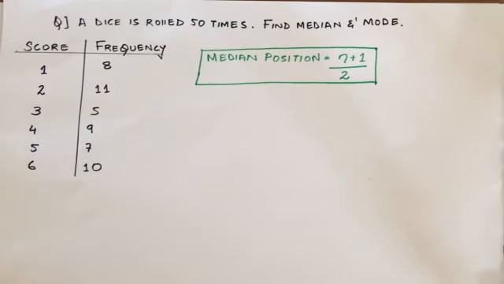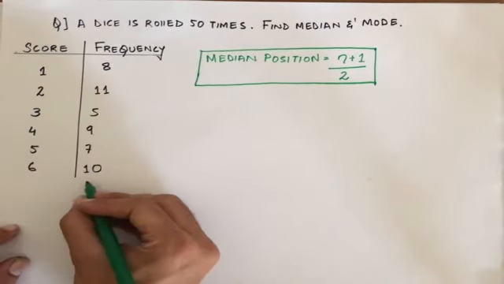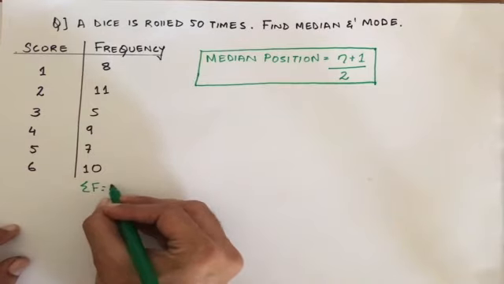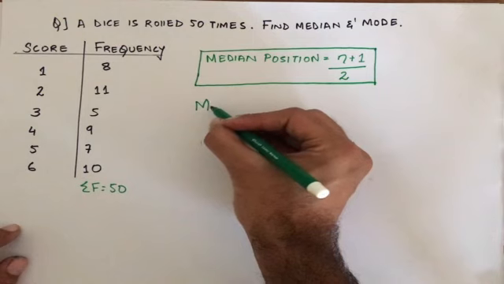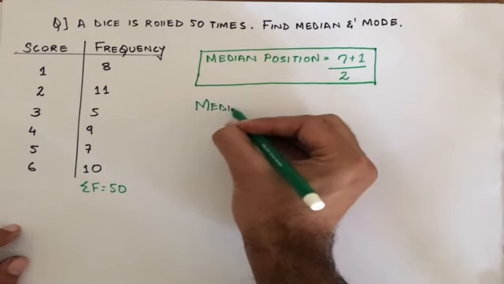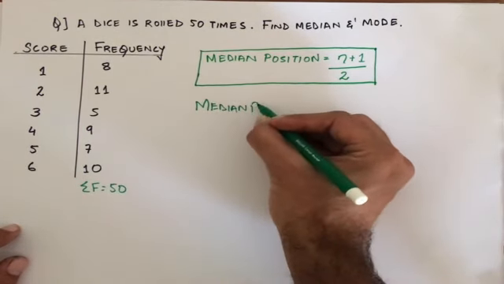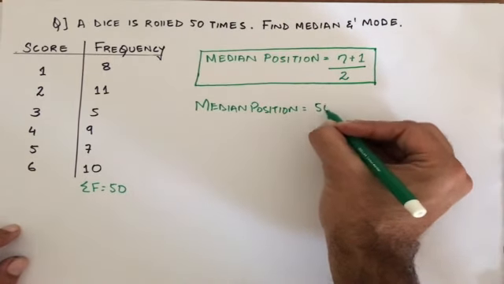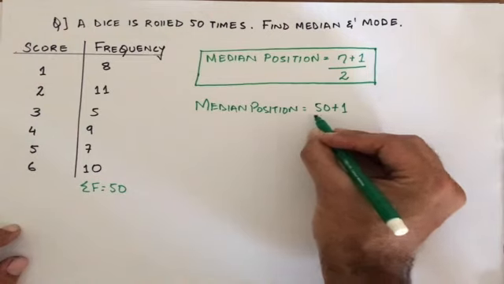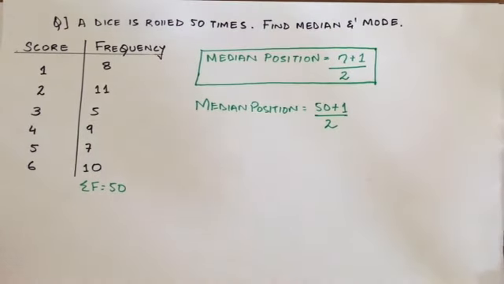So the total frequency here is 50. Now again, this is median position, don't forget the position. So the median position would be 50 plus 1 upon 2, that is 51 divided by 2.